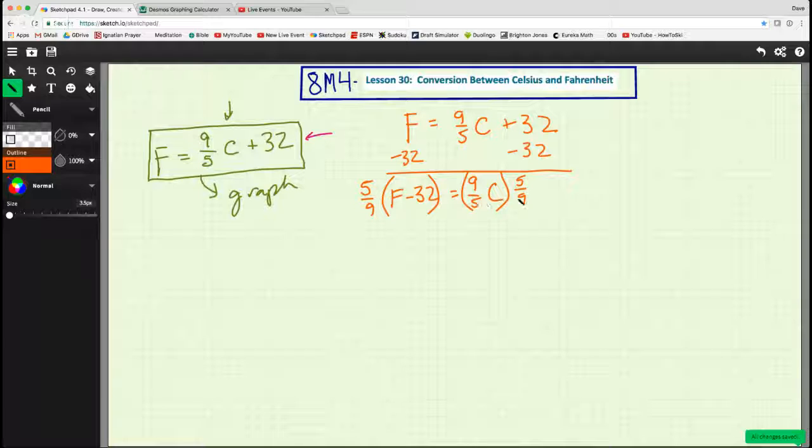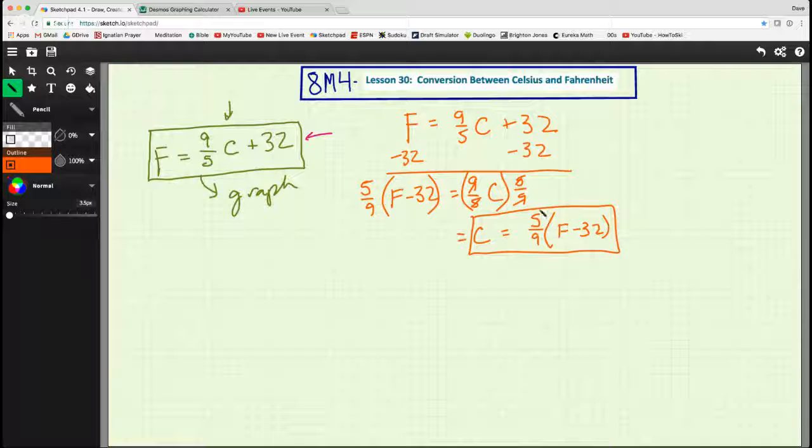And we get, this cancels. And we get C equals, and I'll write it like this, I'll put it on the other side, 5/9 of (F minus 32). And this is the way it's typically written, like this.